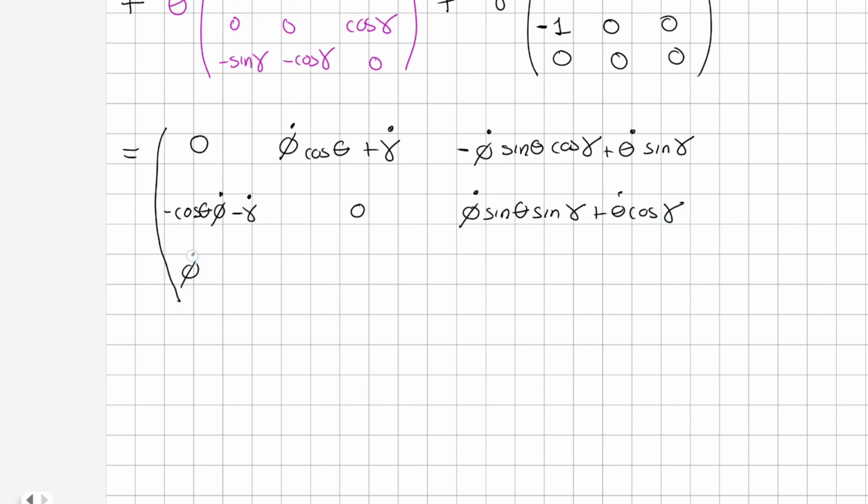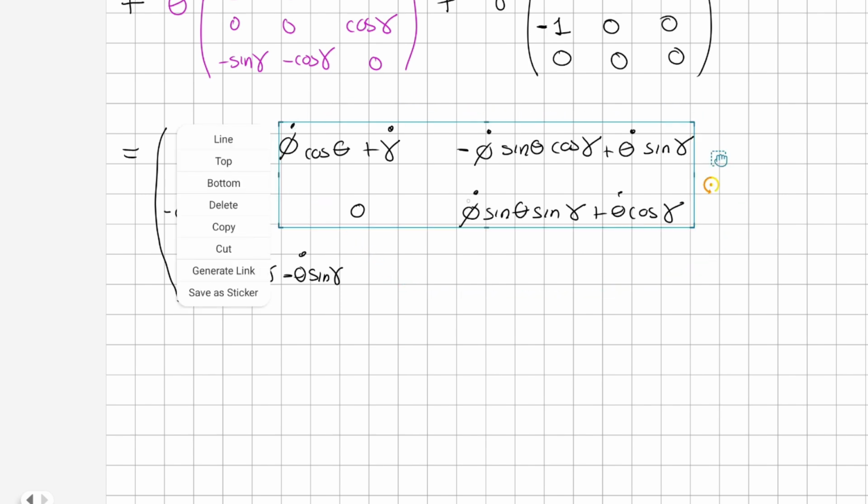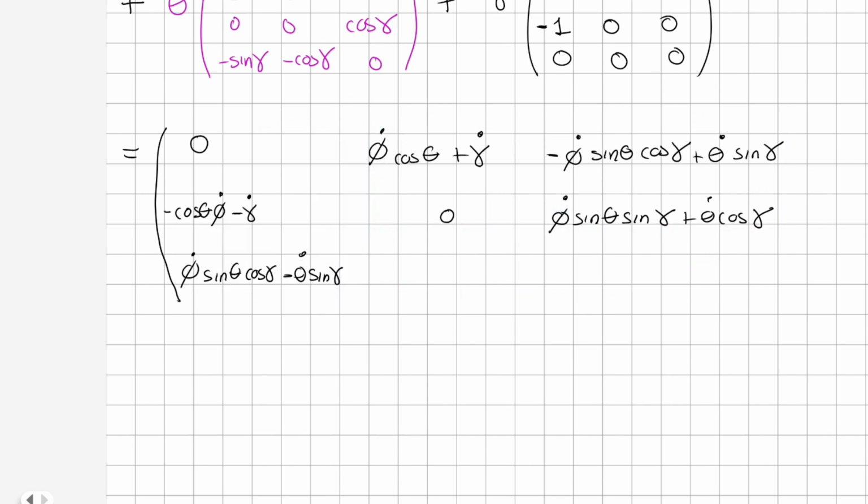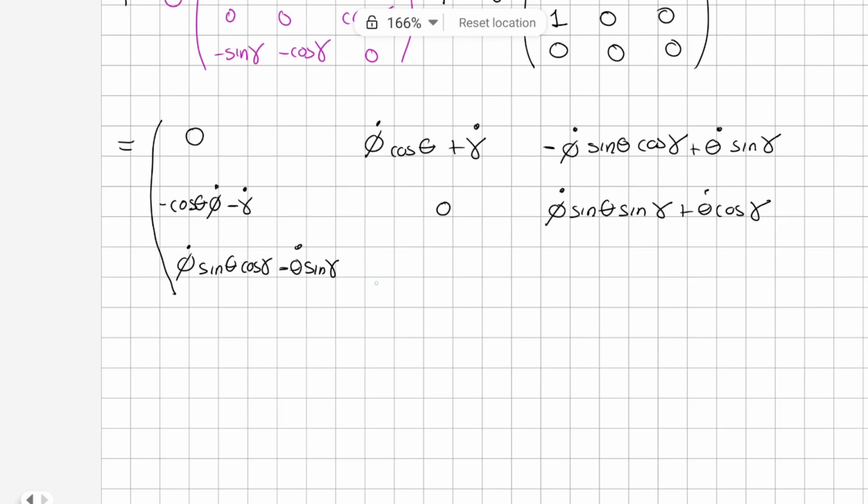Then theta dot sine theta cosine gamma minus theta dot sine gamma. And here, it is very hard to do it respecting all the space. So here we have minus phi dot sine theta sine gamma minus theta dot cosine gamma, and then 0 here.